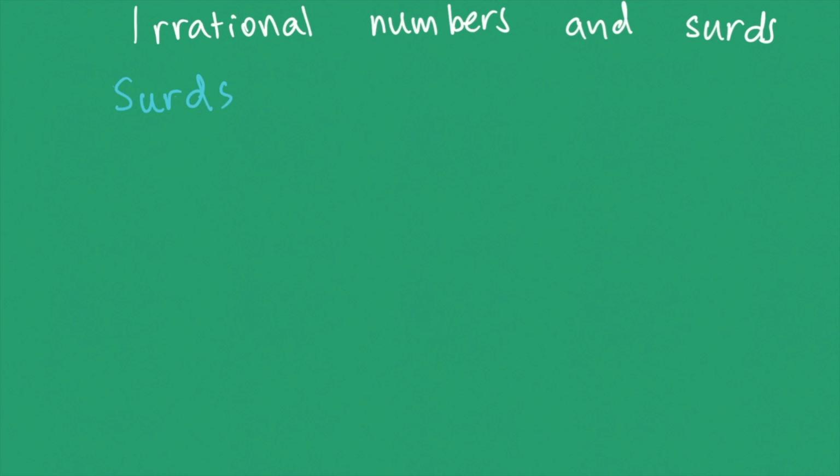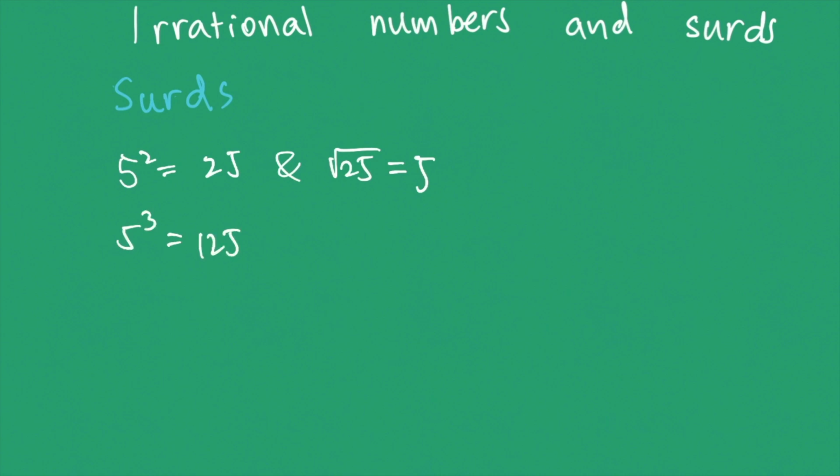In year 8, we looked at squares, square roots, cubes, and cube roots. For example, 5 squared equals 25, and square root 25 equals 5. 5 cubed equals 125, and cube root 125 equals 5.